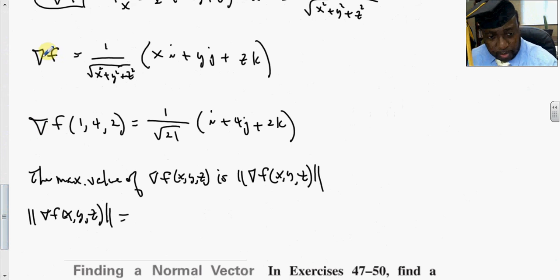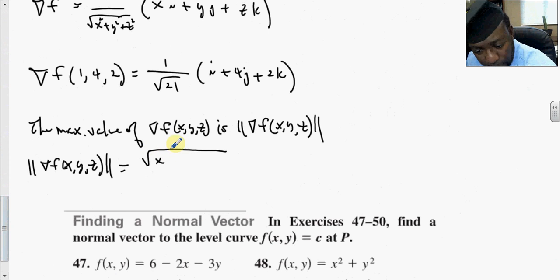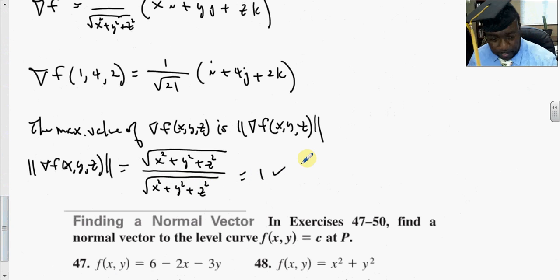This gradient is a unit vector, so we get 1.